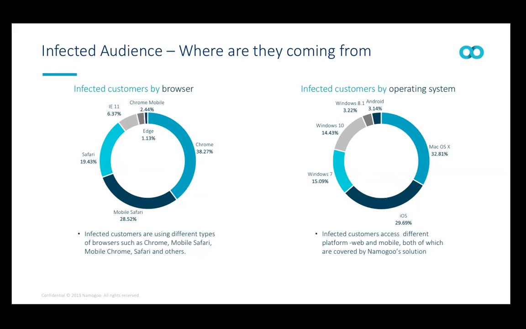We see Mac devices, iOS devices, Windows, Android, and we see different types of browsers being impacted. So everybody is at risk of being infected with digital malware, and the fact that Namogoo can provide solutions that cover any type of browser and any type of device allows us to give the best protection to our customers, no matter which platform the user is coming from.